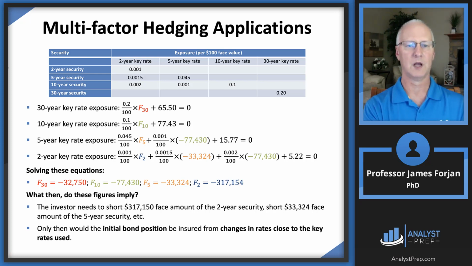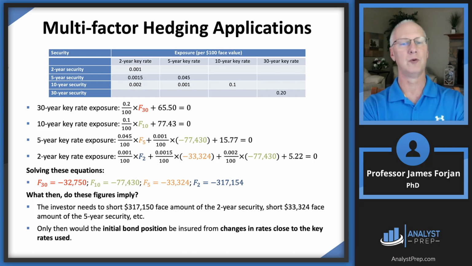Then for the 5-year, we're going to take the 0.45 divided by 100 times the face value of the 5-year security, and then the same thing for the 2-year security. So everybody see what we're doing. We're trying to find the face values of those individual securities that we need to hedge our investment in that 30-year bond.